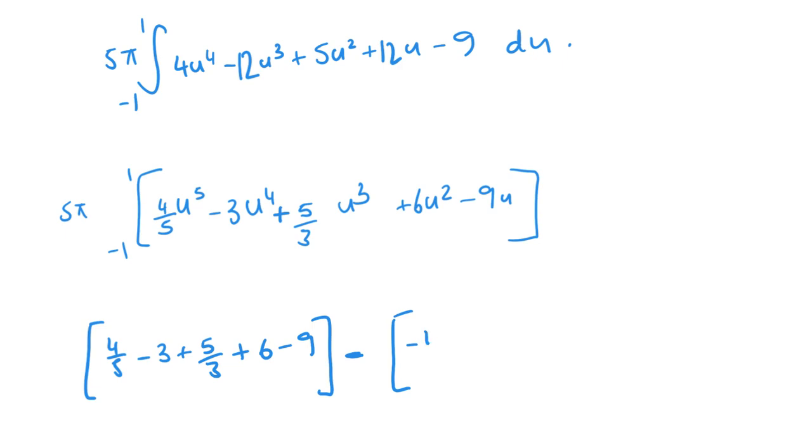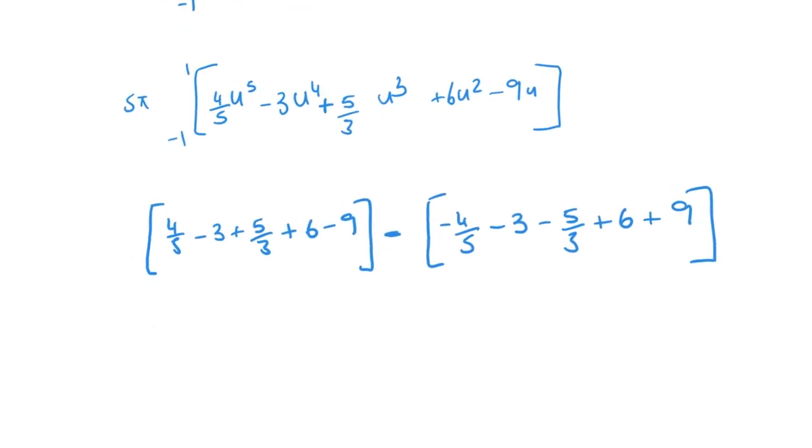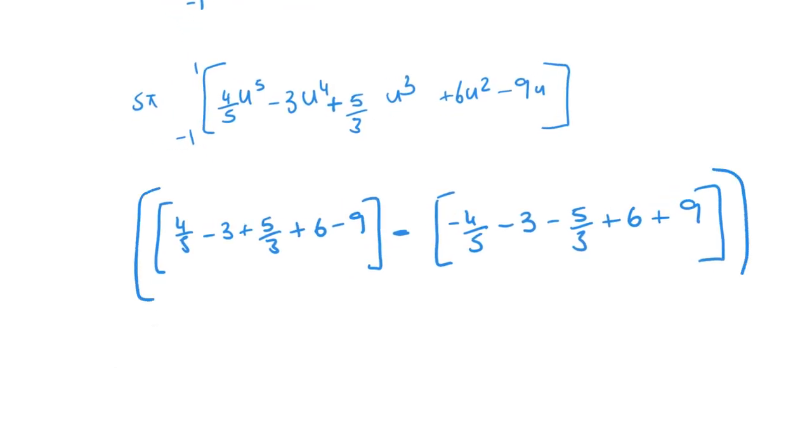Okay, it's going to give me minus 4 over 5 because negative 1 to the power of an odd is going to give me a negative, right? So then I'm going to have minus 3, minus 5 over 3, plus 6, plus 9. Then I'm going to multiply the whole thing by 5 pi, so let's see what happens.